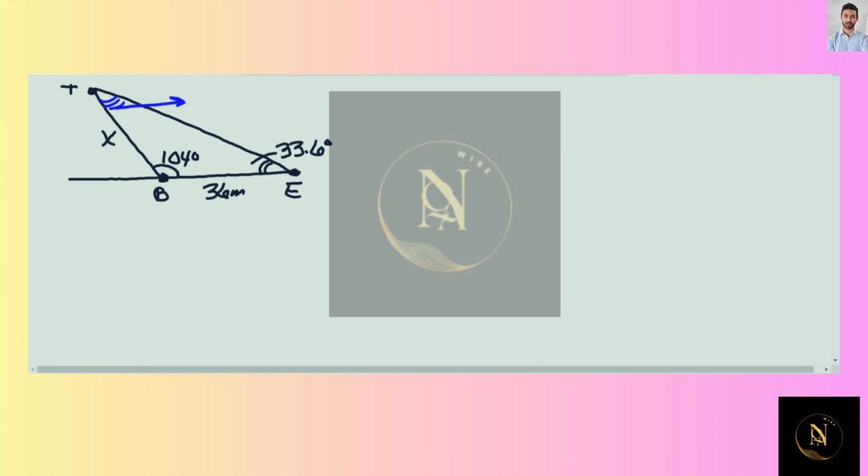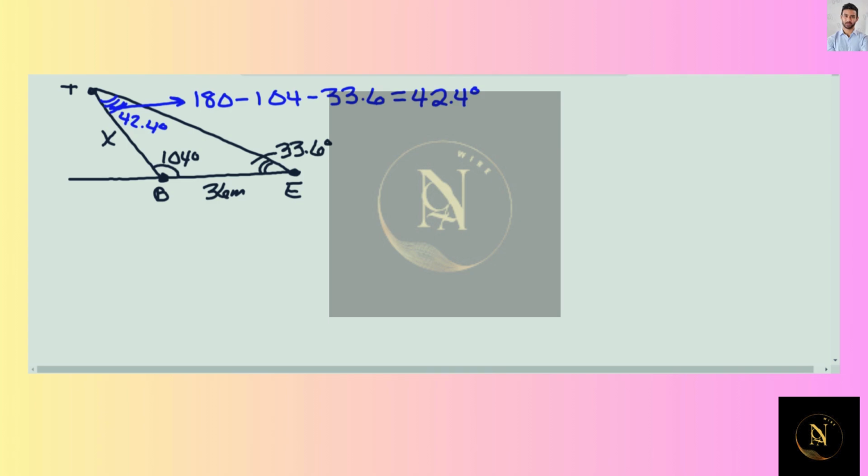So to find this angle, we can do 180 minus 104 minus 33.6 and find that that angle up there is 42.4 degrees. So this angle up here, try to write that in there, 42.4 degrees.